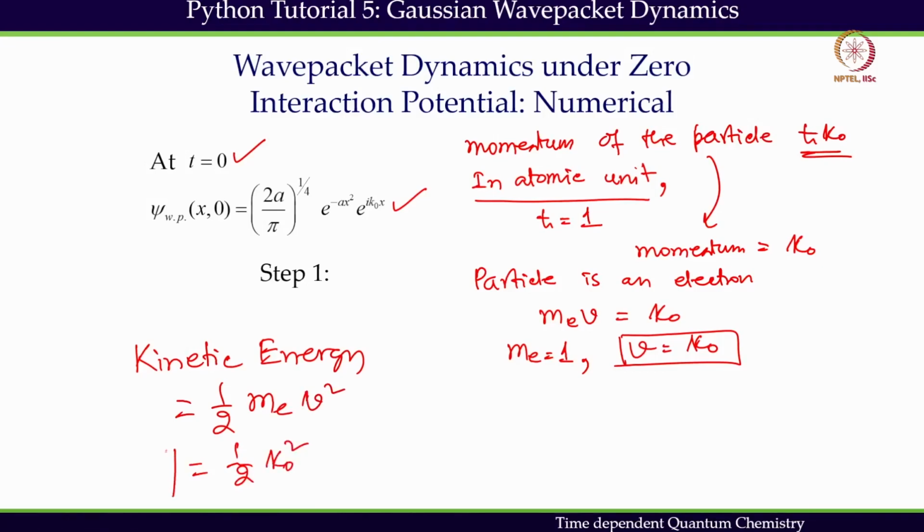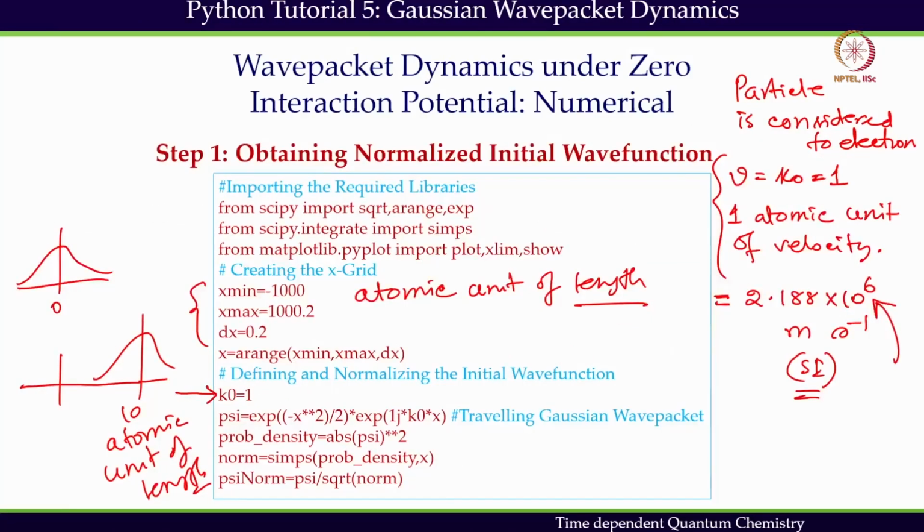So half k naught square is the kinetic energy of the particle in atomic unit. As you can already realize, if we use atomic unit, many factors are simplified. That's the basic idea.